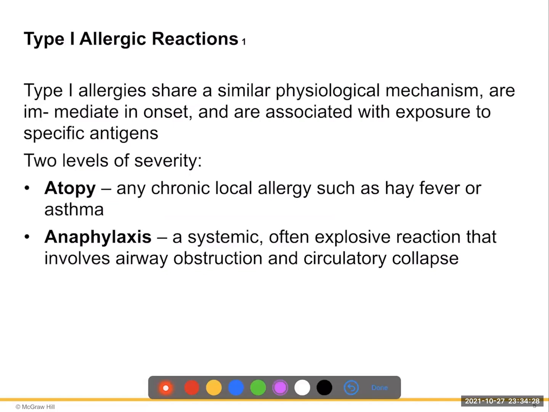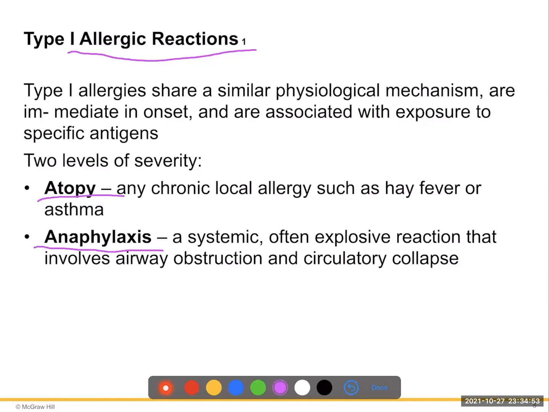Okay. So type 1, allergic reactions, we're going to talk about here. Type 1 allergies share a similar physiological mechanism, are immediate onset, and are associated with exposure to a specific antigen. There are 2 levels of severity, atopy and anaphylaxis. Atopy is a chronic local allergy, like hay fever or asthma.